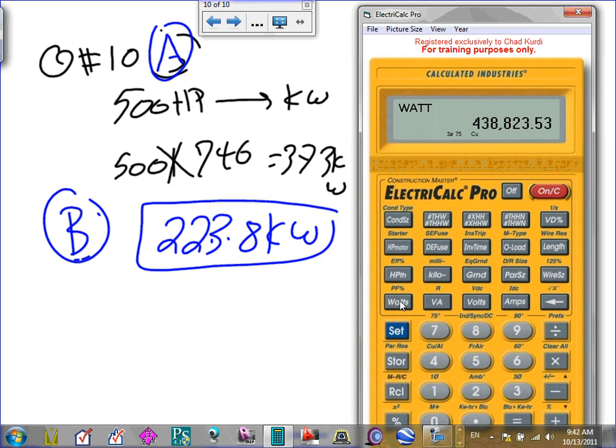Okay, let's do this one for the 5 horsepower motor. Hold your horses. What did we do different here? Clear everything. Take 500 horsepower, and I believe this is what should be here. Horsepower. Okay, and then hit watts. No, it's calculating. You need to change the power factor and everything else.